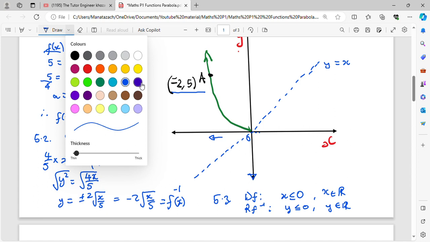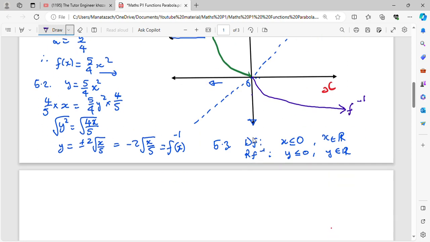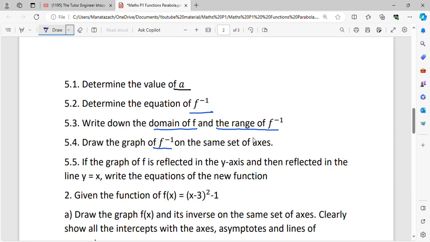Okay, so let's choose a purple color for the inverse. So this line will be the mirror image of our inverse graph. So our inverse will look something like this. So this is the graph of f, and this will be our inverse. And then that's it for this particular question, 5.4.